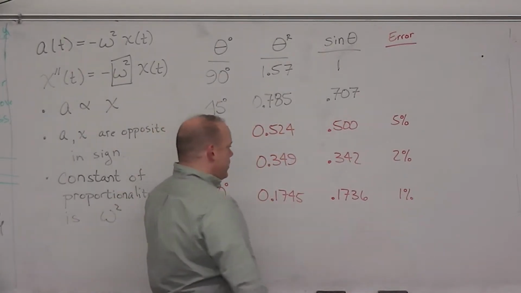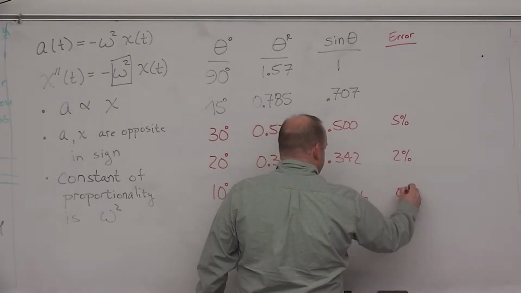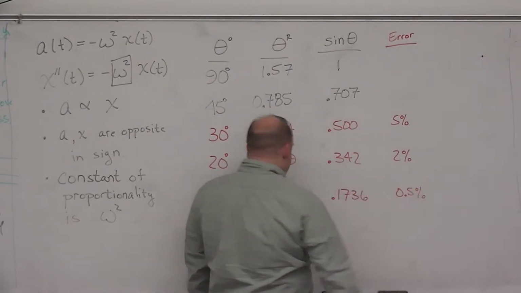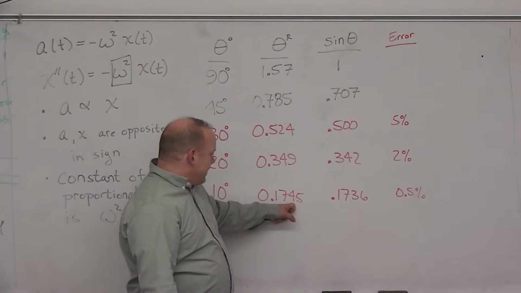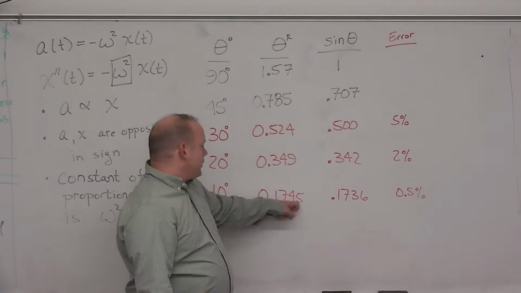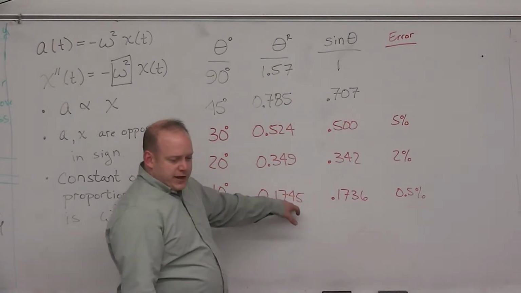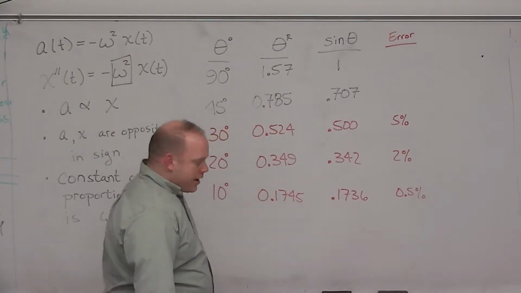Oh, excuse me, 0.5% error. I'm off by only 9 parts in 10,000, or 9 parts in 1745. So that's a 0.5% error.